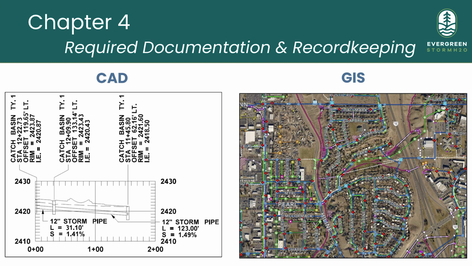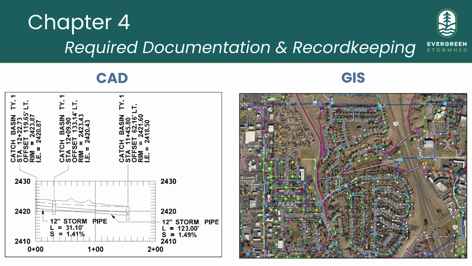And often the workflow that we have seen with different permittees is once you have these record drawings, they are then brought into GIS. So GIS is more of a database with spatial features, and the focus of that is more on the geographic location than it is design intent.